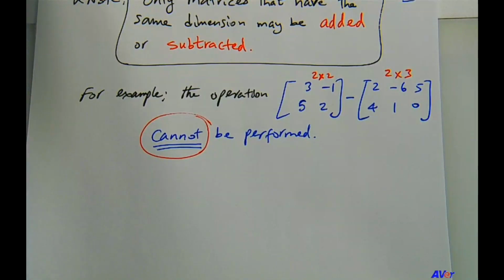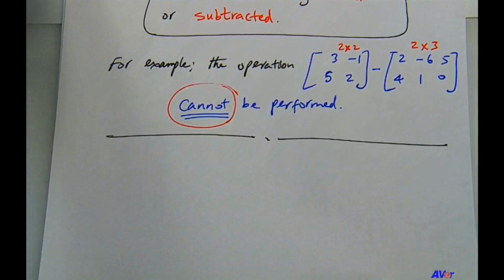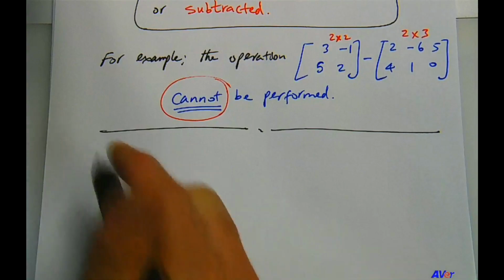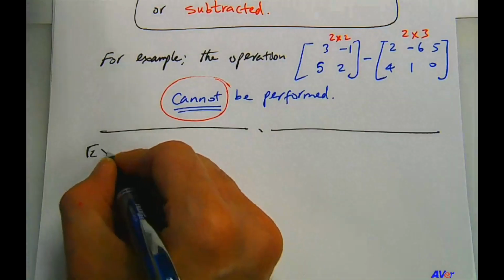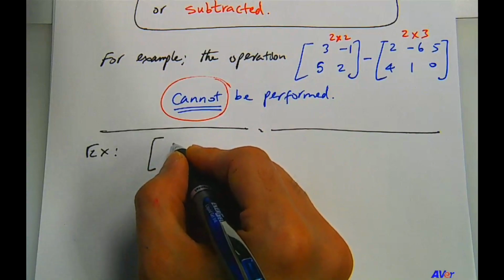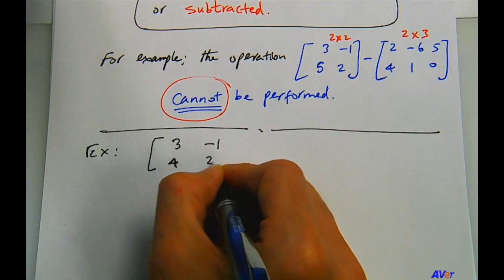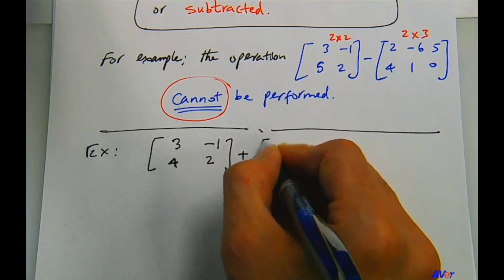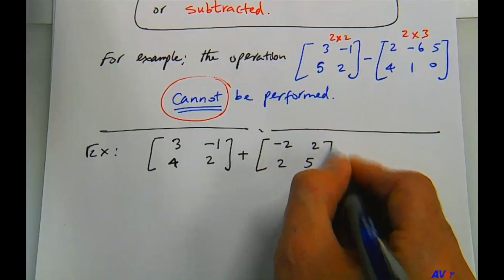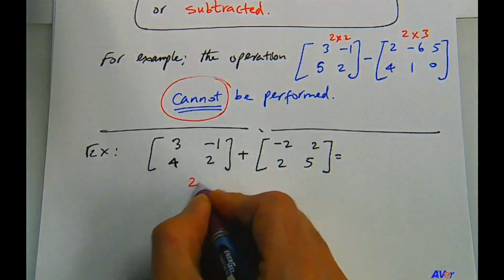Okay, so now that we know that, let's focus on examples where we can add or subtract matrices. So here's an example. We want to add this matrix to that one. Well, they're both 2 by 2, right?